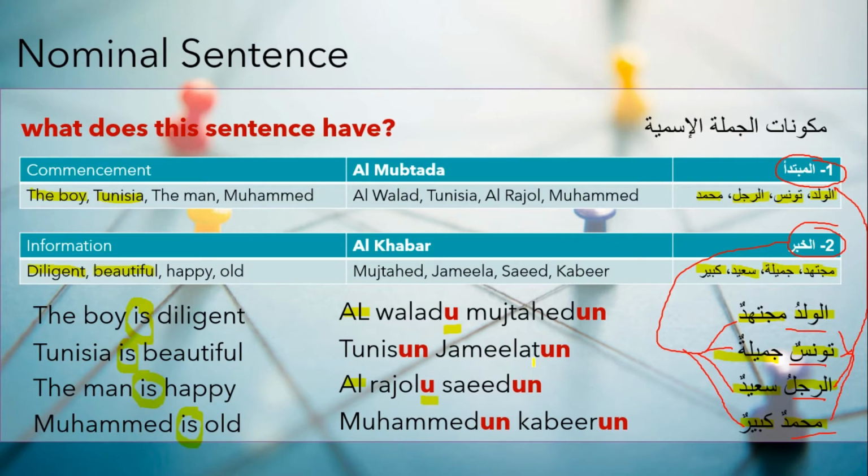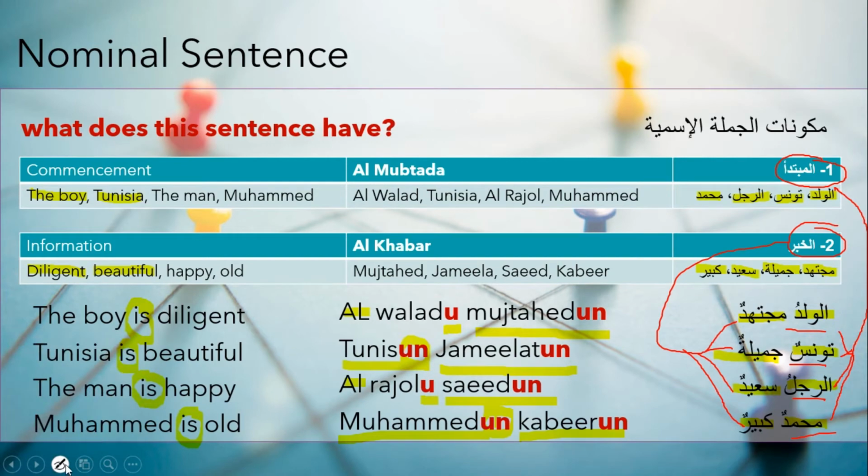If you realize, if I'm using al, which is the article, the critical mark will be dhamma on the mubtada. But if I use a noun that is well known, like Tunis or Muhammad, which is a name, we use tanween al-dhamm.